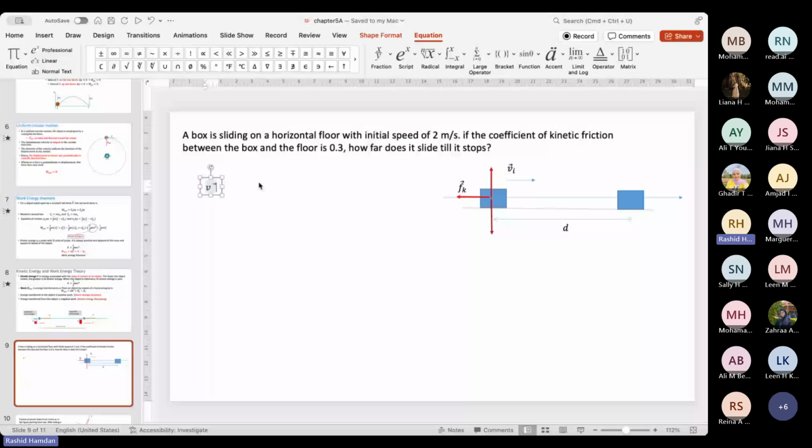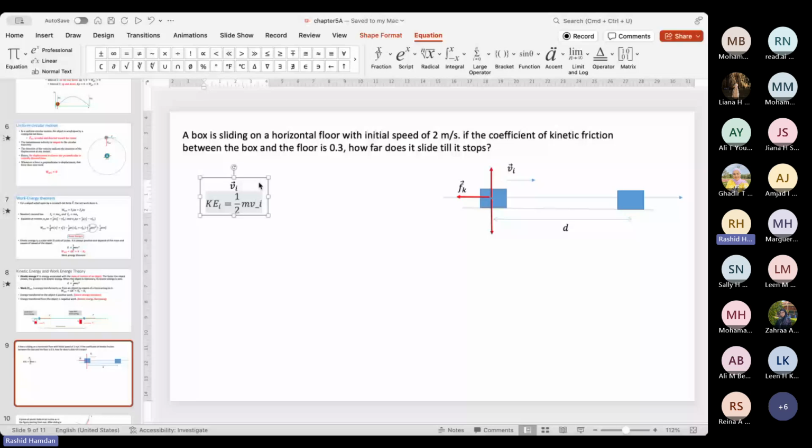Let's call kinetic energy KE, like they used to call it. K is also the kinetic energy. It's easier to abbreviate it with K. So KE is equal to half m v initial squared. We don't have a vector anymore.